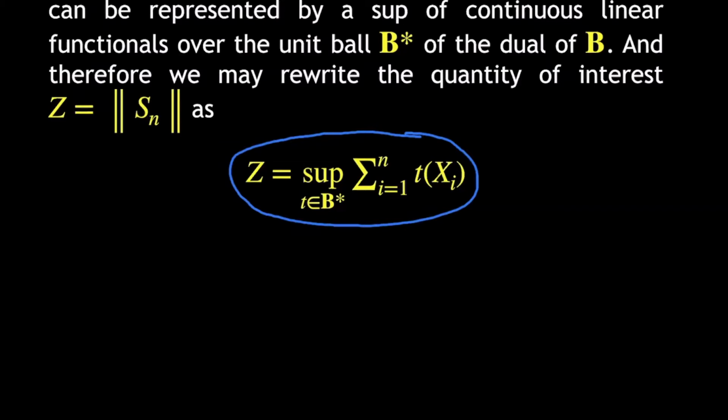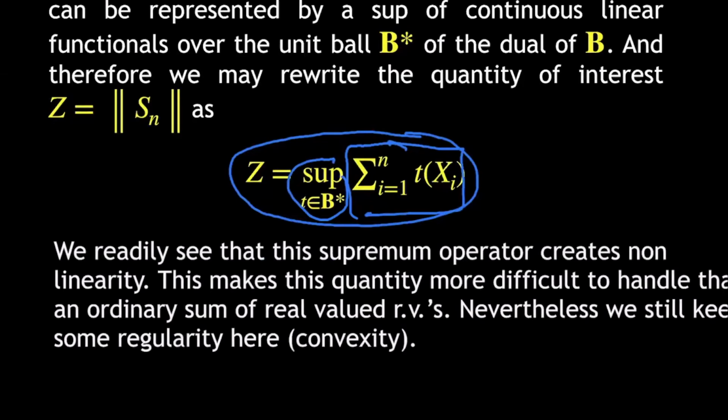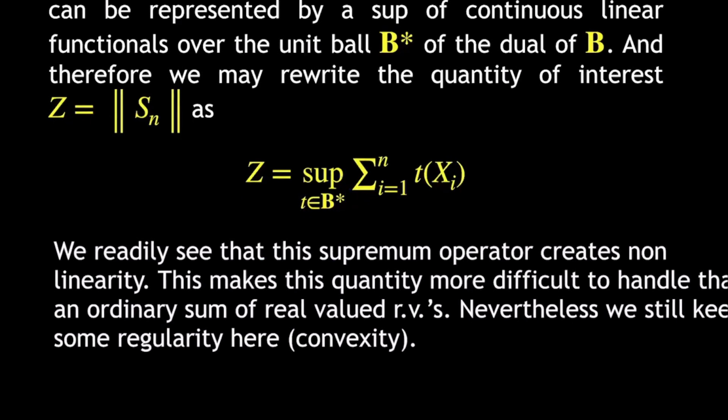So you will see that you have sums of real-valued random variables which appear here, but you have also this supremum, which makes some nonlinearity appear, and which makes a new difficulty appear with respect to the study of sums of real-valued random variables. So this makes this quantity more difficult to handle than the usual sum of real-valued random variables. But of course, you need some kind of regularity here because you keep convexity.